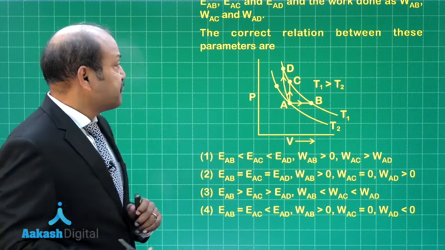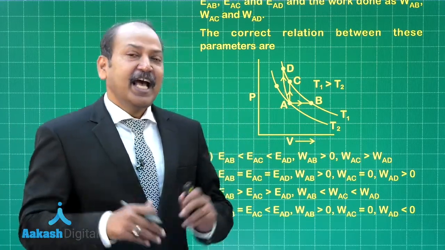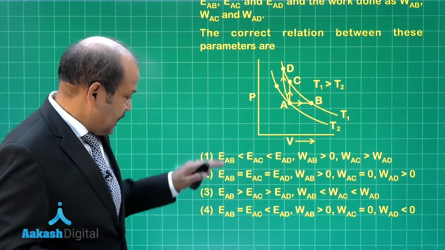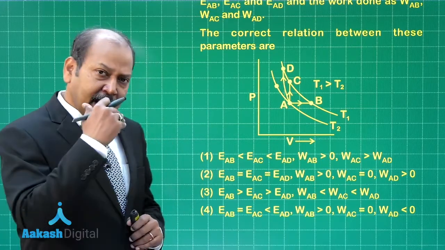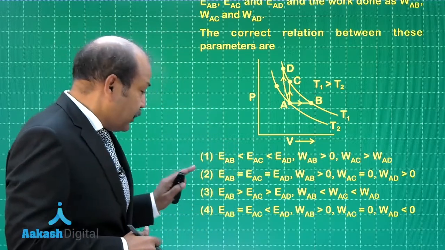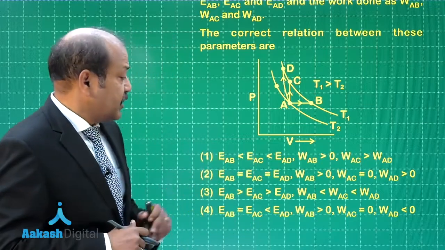So, that means EAB must equal EAC must equal EAD, which brings us straight to option number 2, because all other options are not matching with this. Okay. So, if we look at option 2, this part is done, this is absolutely correct.